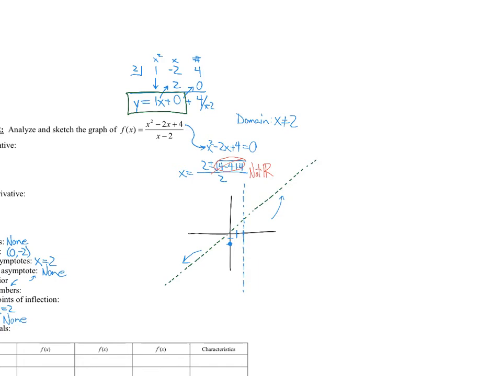So what we have here is you would sketch something approaching the vertical asymptote, coming down here somewhere, and then approaching that slant asymptote. You'd have the same thing happening here. We'd have going to -infinity, and somewhere in here it would go like that, and it would approach the slant asymptote.